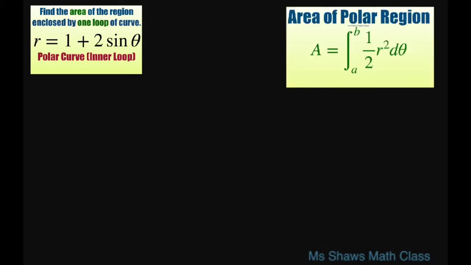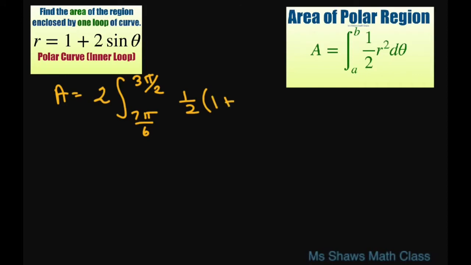We're going to get our area equals, and we're multiplying it by 2 to get that other half as well. Our lower limit is 7 pi divided by 6, and the upper one is 3 pi divided by 2. Then we're going to use our formula, 1/2, our r is 1 plus 2 sine of theta, squared, d theta.